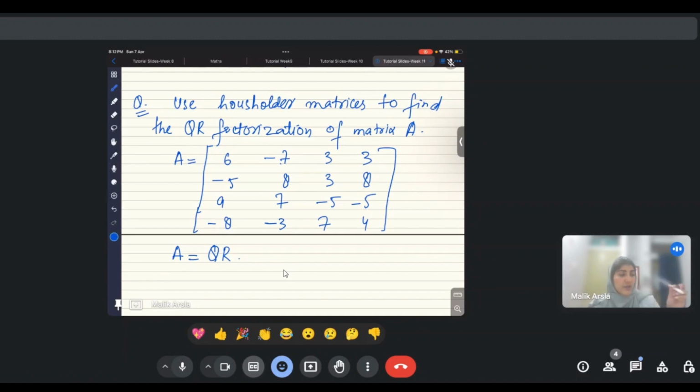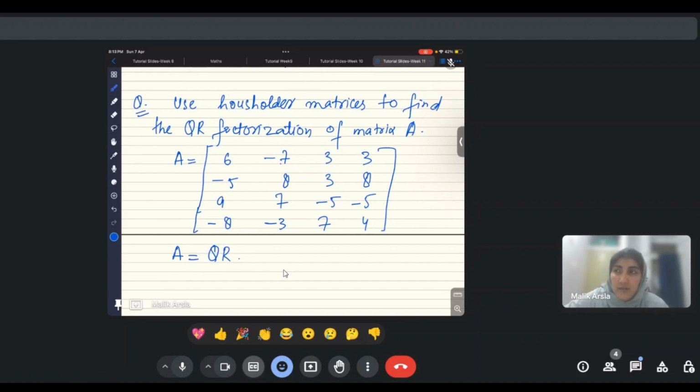Have you done any question like this in your assignment? Are there any questions in which you have to do QR factorization of any 3 cross 3 or 4 cross 4? One question is there. Have you done it? Full is not completed, ma'am, so I am doing only. Okay, no problem. We'll do it on MATLAB so that we understand better.